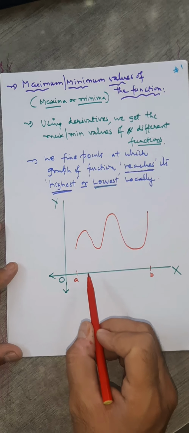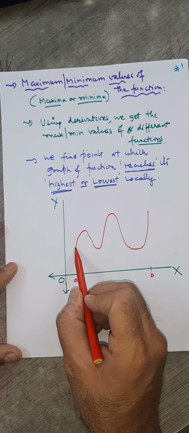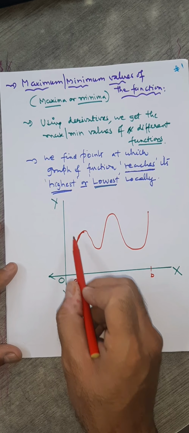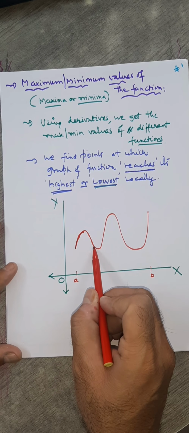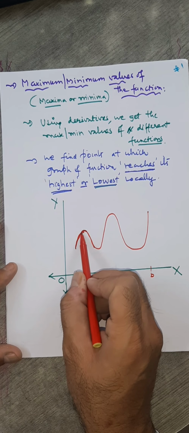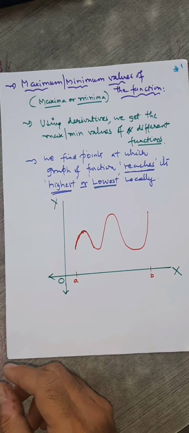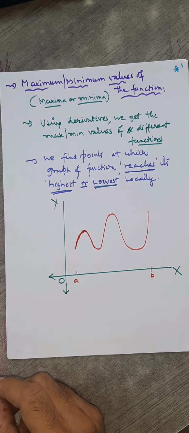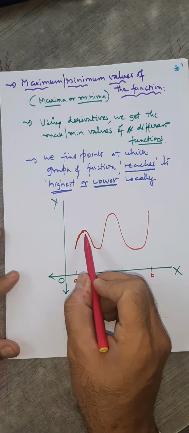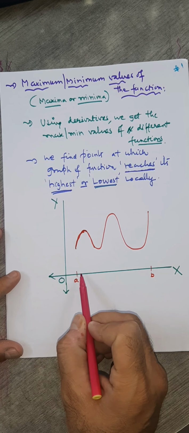Now you see here in this portion function increases, so its derivative will be positive. Here function decreases, so its derivative will be negative. This is one turning point where the function attains the highest value. This is known as which point? Turning point here. But this is not the highest in the entire domain.